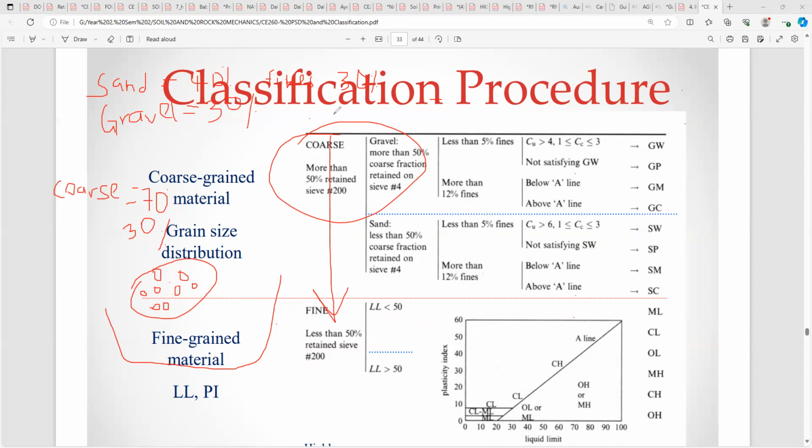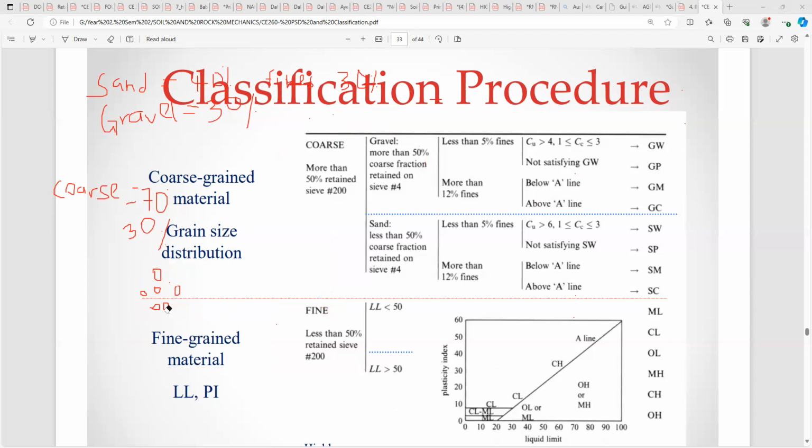So it's a matter of just comparing the coarse and the fine. If the coarse has a greater percentage than the fine, you go for the upper table. If the fine has greater percentage than the coarse, you go for the fine. Basically, that is it.